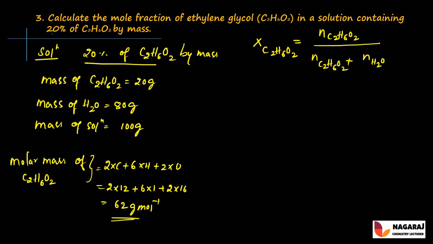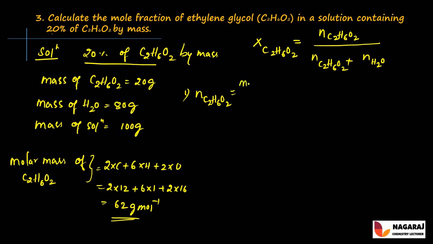So first calculate the number of moles of ethylene glycol and the number of moles of water. The number of moles is calculated by using the formula: mass of the component divided by molar mass.